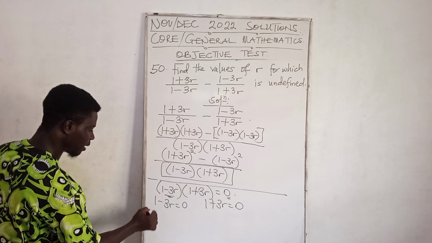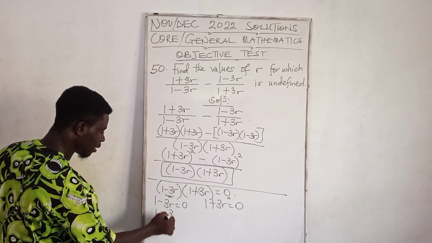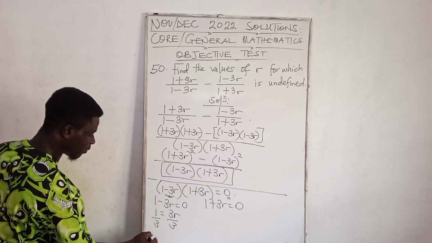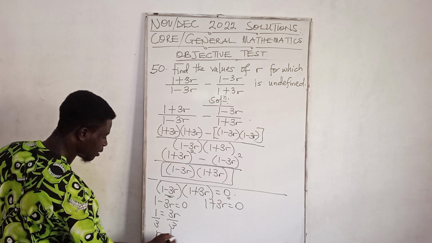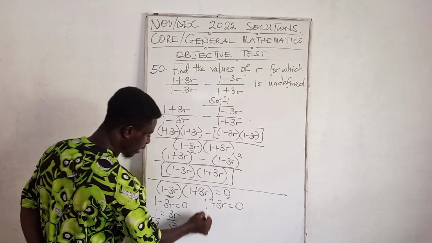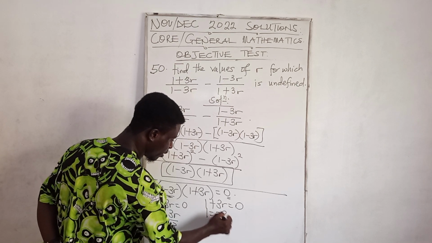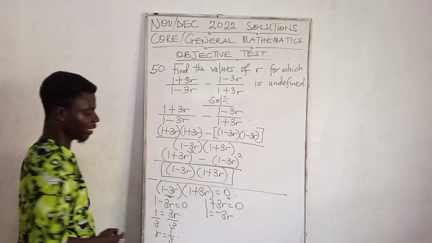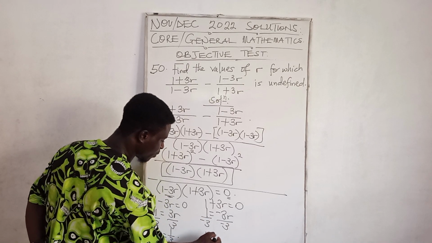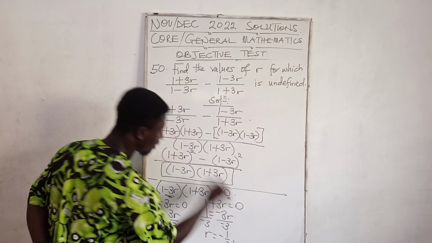We can group like things. So I have 1 equals 3r. I can divide here by 3, also by 3. r will be equal to 1/3. Then I have 1 plus 3r equals 0. So I group 1 equals negative 3r, because this one crosses, I get negative. I divide here by negative 3, then I get r equals negative 1/3.